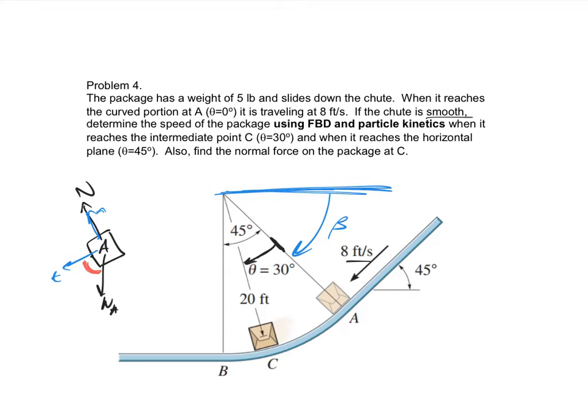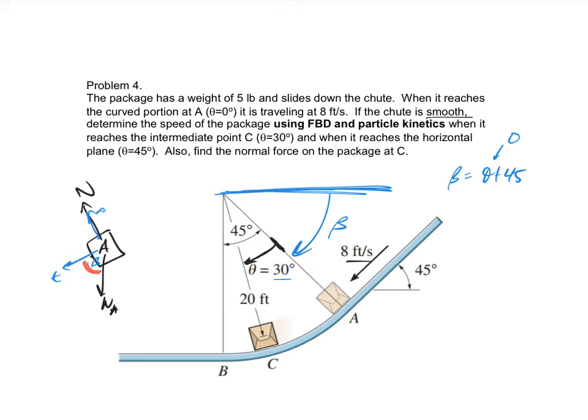Beta is the angle that this line is from horizontal. And so beta and theta are going to be off by, I'm sorry, 45 degrees. So beta is going to be equal to theta plus 45 degrees. Does that make sense? When theta is equal to 0, then beta is 45 degrees.